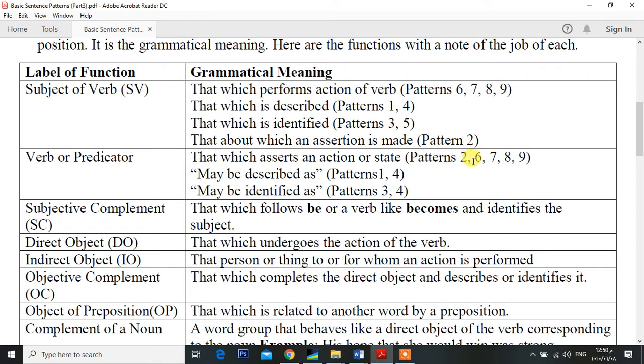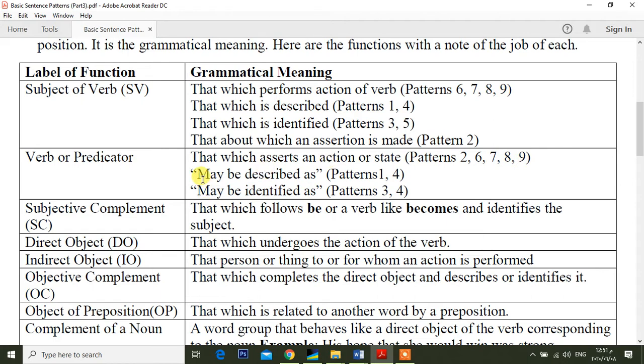The same example that we have taken before: the girl is here. Here, "is" is a verb. It's used to assert an action or to confirm an action or state. The girl is here. So here the verb is used to assert an action.